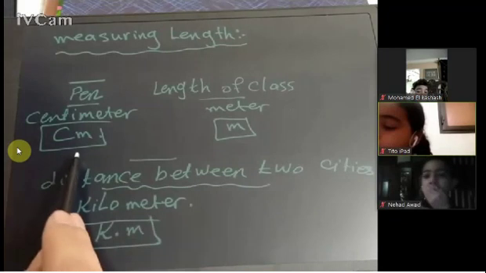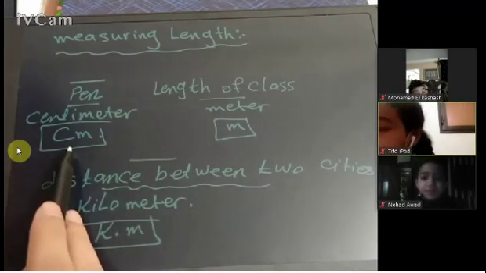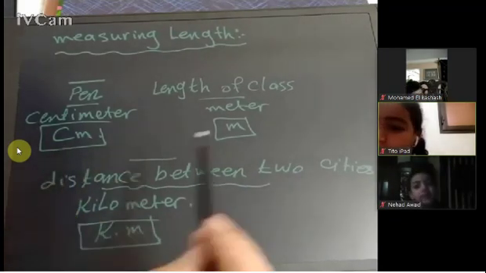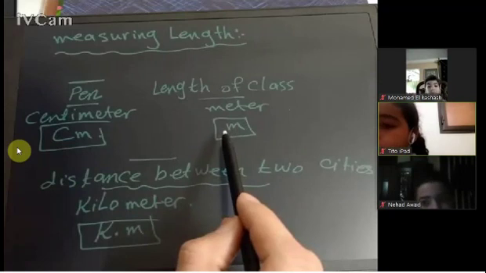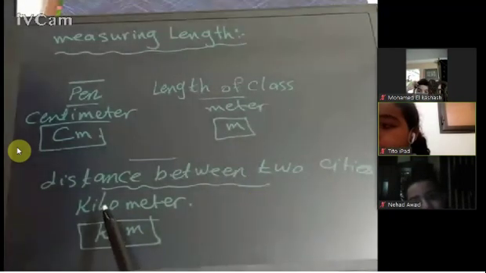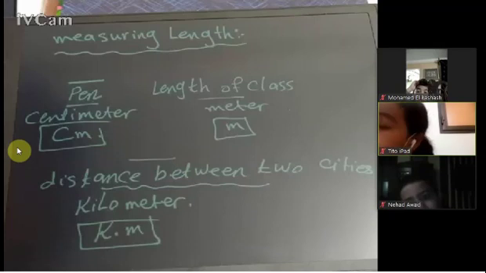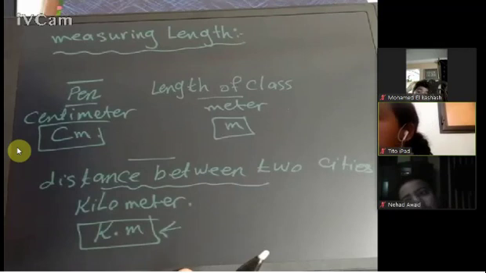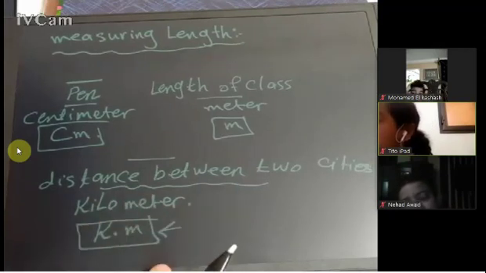So cm, centimeter, is for small things. For longer lengths, we use meter and we write it m. And for the distance between two cities, we will use kilometer. And we have a relation between the three units.